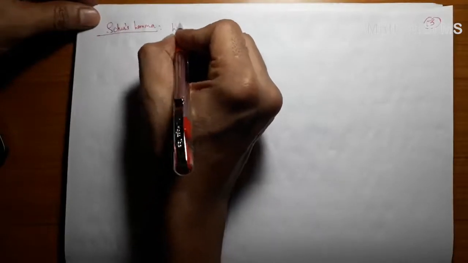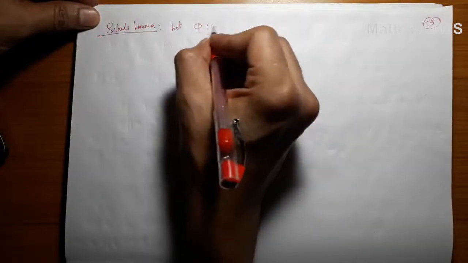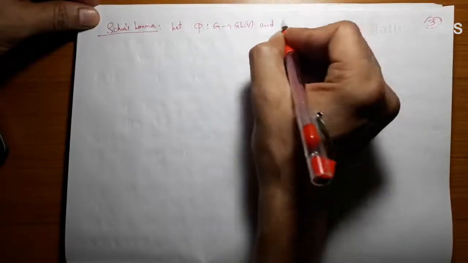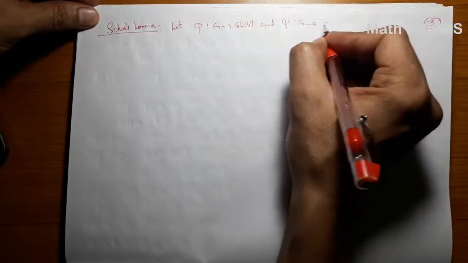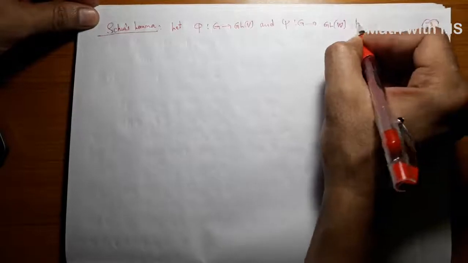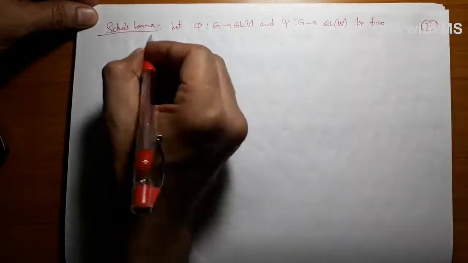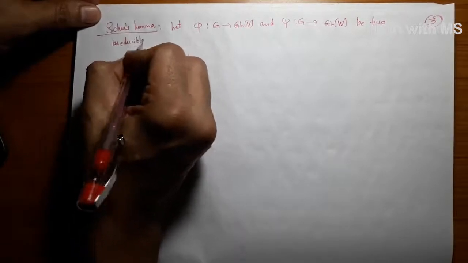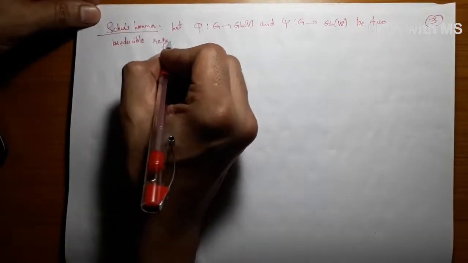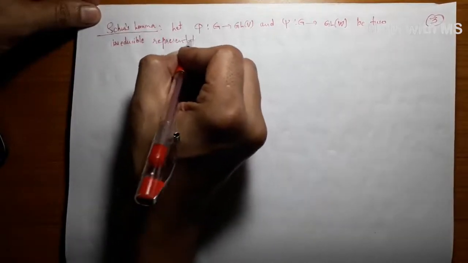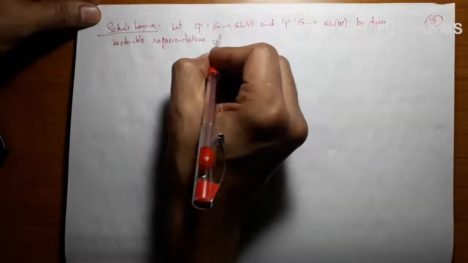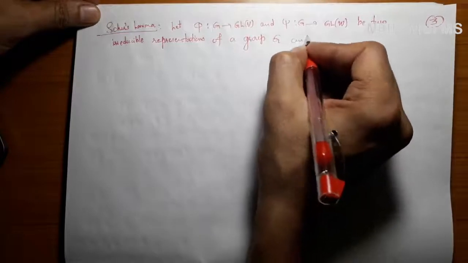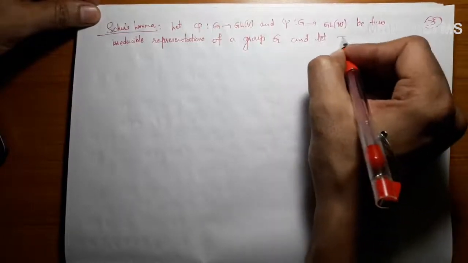Let phi from G to GL(V) and psi from G to GL(W) be two irreducible representations of a group G, and let T be a morphism.